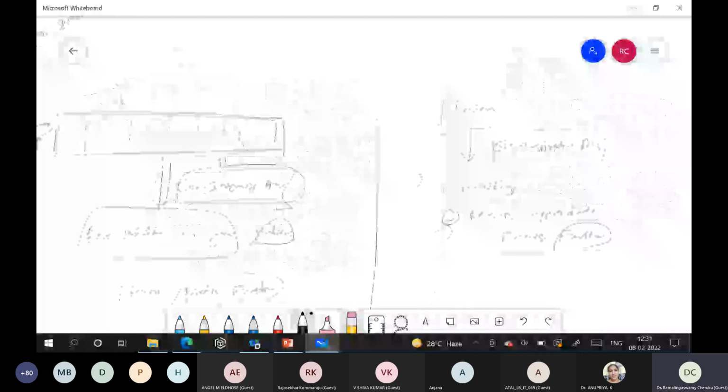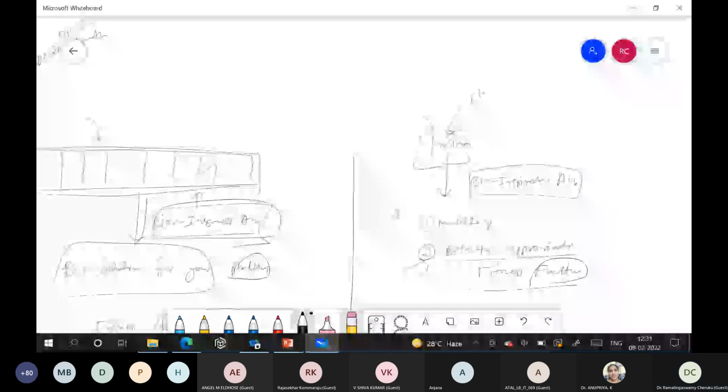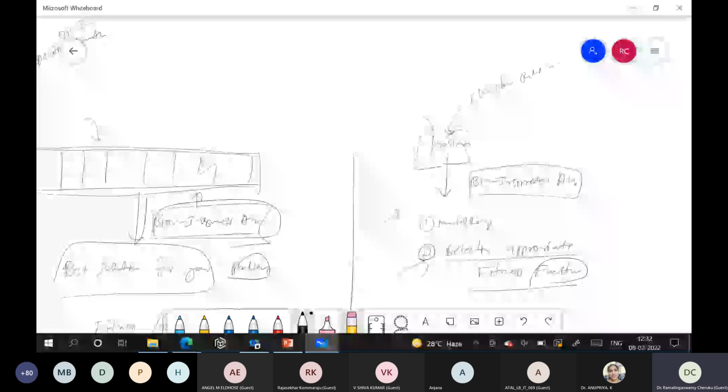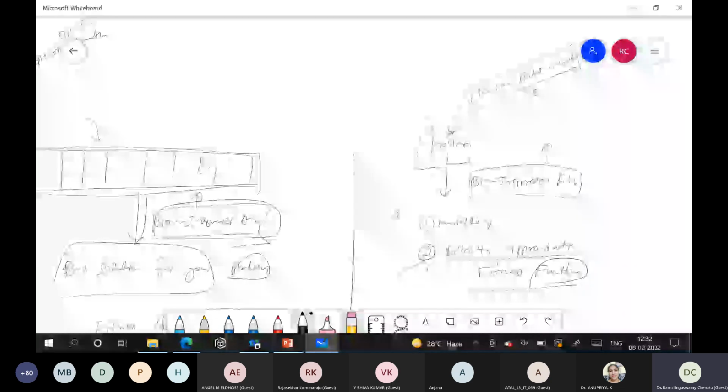Right? Now, what is the problem we are addressing over here? The problem we are addressing is classification rule generation. To address this problem, I have designed a modeling technique where each feature is represented as a triplet.